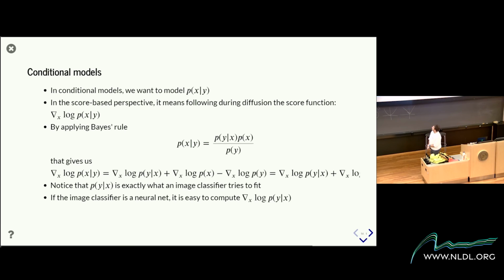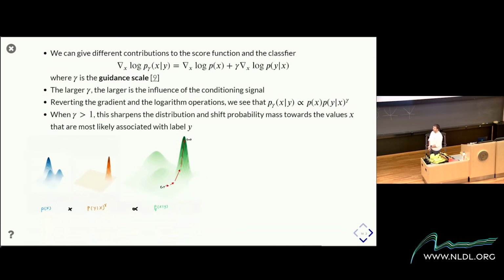Let's move forward. We can decide to give a different contribution to the unconditioned score function, which is, again, what our generative model is giving us, plus the image classifier. And we weight this contribution with some coefficient gamma, which basically tells us how much we want to use the information of the classifier to guide our generation.